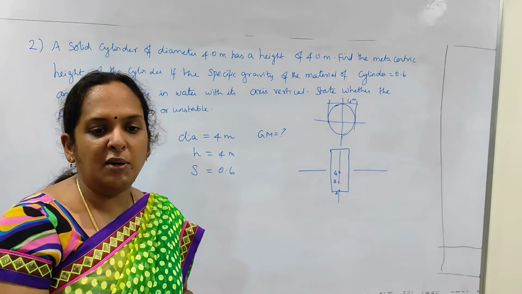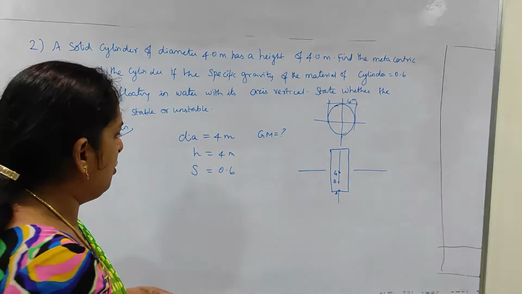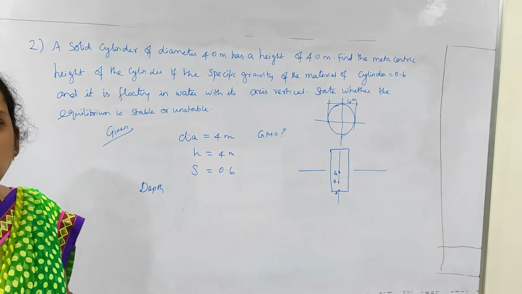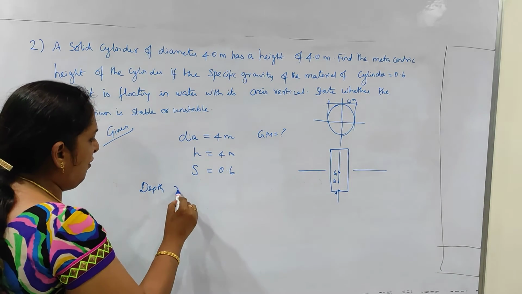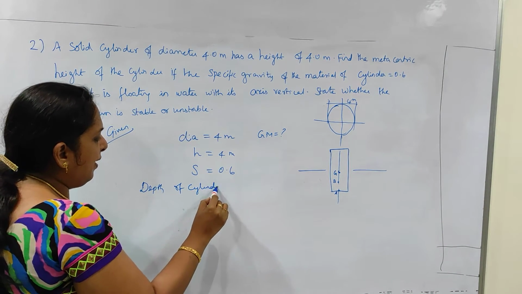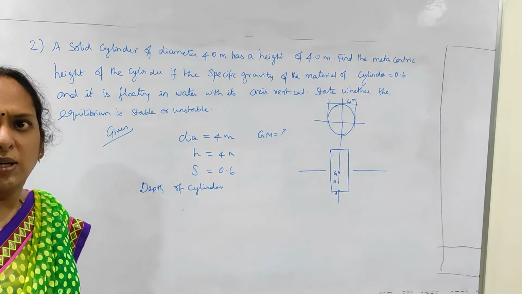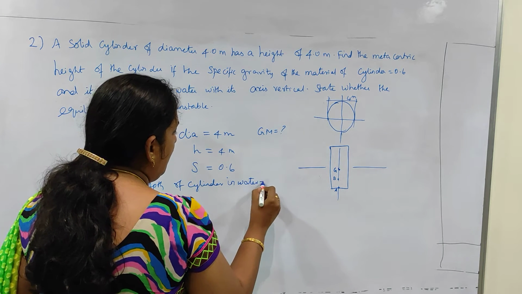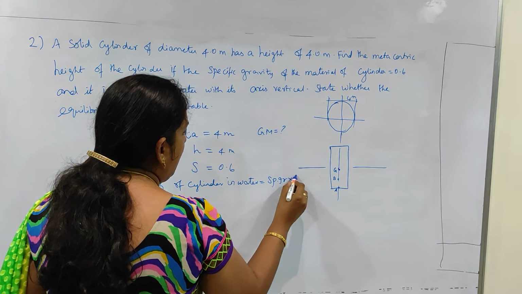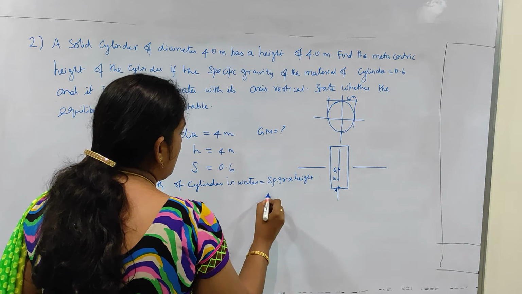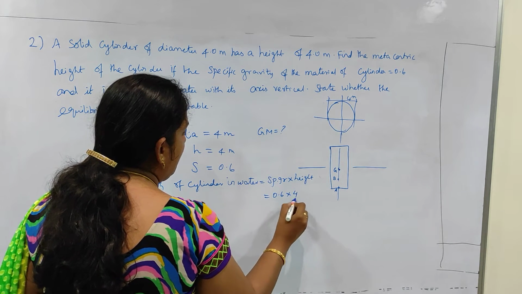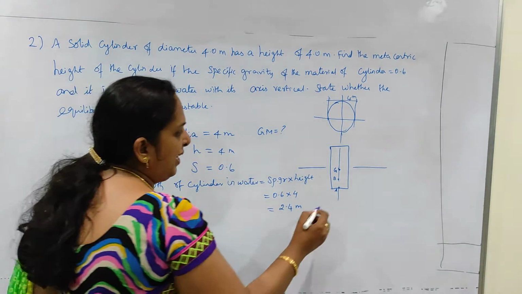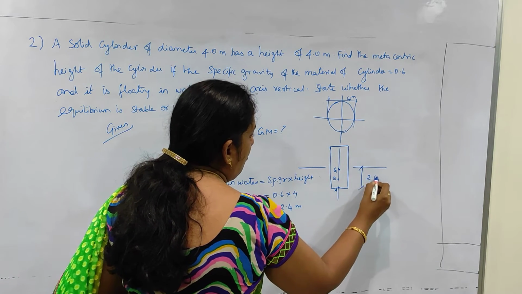The depth of the cylinder in water is equal to specific gravity into height. Because the specific gravity of the material is given as 0.6 and the height is also given, it will be 2.4 meters. So that is the depth of the cylinder in water, 2.4 meter.